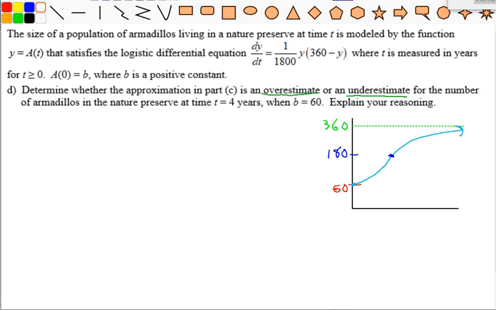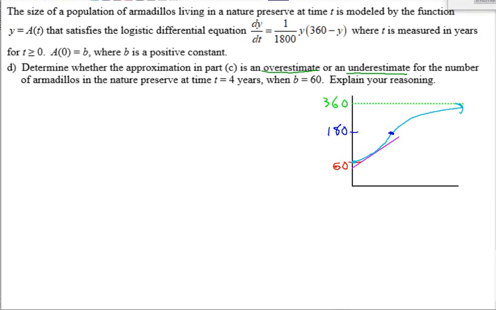So if you just sketch this on here, you can see when it's concave up like this, Euler's method is just using a bunch of these linear ones. In this case, we use two different steps. You can see it's less than the actual value, so we're underestimating, or it's an underestimate in this case.